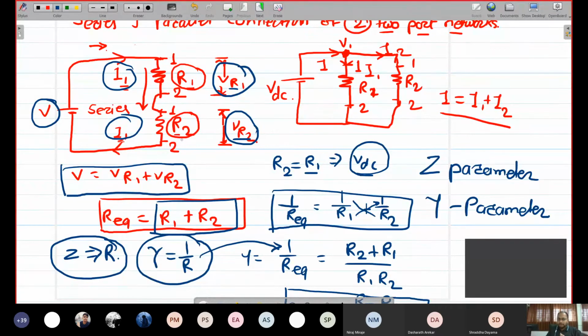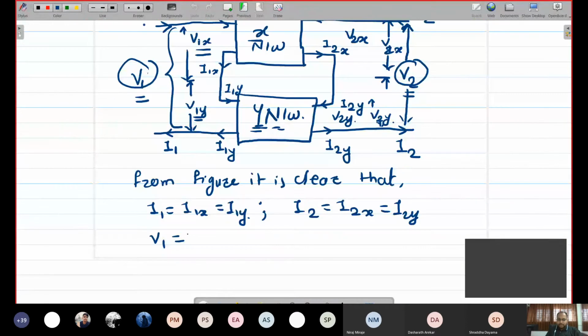In a similar manner, that will also be the same. So V1 is equal to V1x plus V1y. Am I right? And in a similar way, V2 is equal to V2x plus V2y. Isn't it? So these are some things that have been clear from this particular diagram.